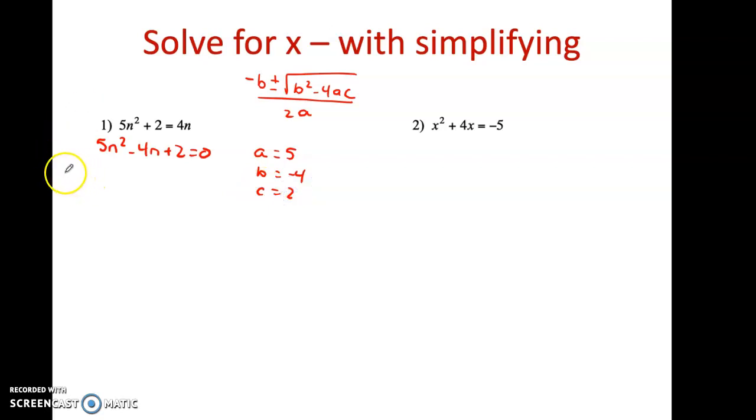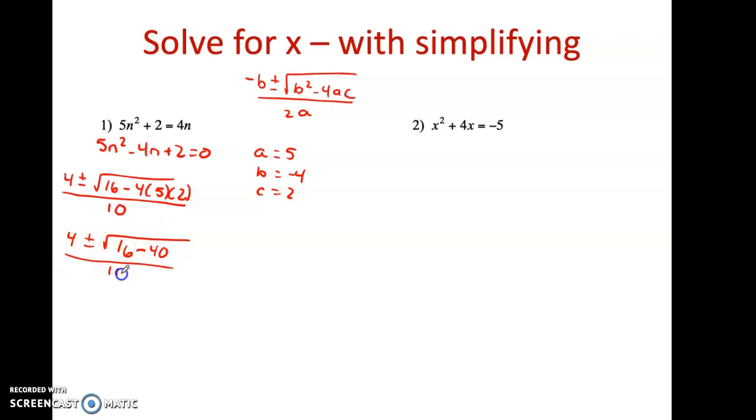So negative b, 4, plus or minus the square root of b squared minus 4ac all over 2a. So we have 4 plus or minus the square root of 16, and we have minus 40 all over 10. 4 plus or minus the square root of negative 24 all over 10.